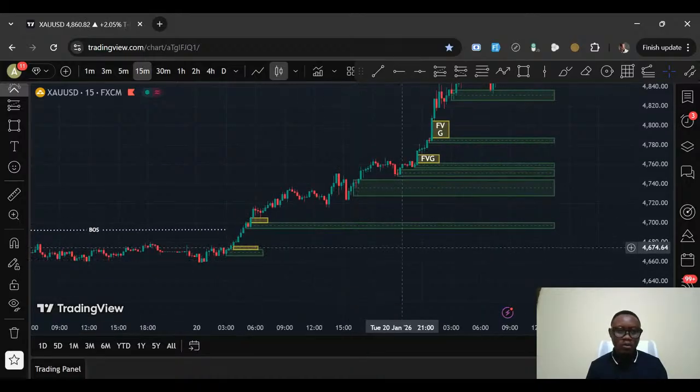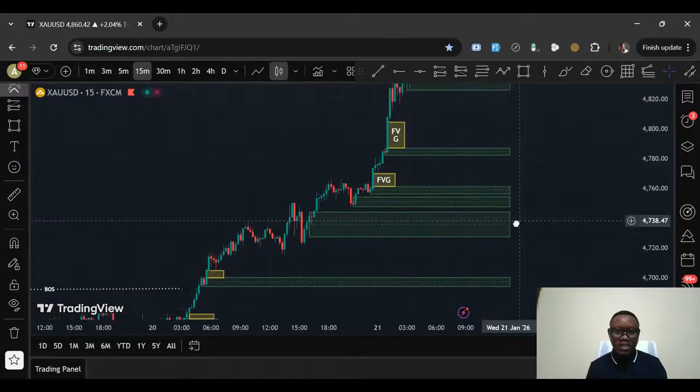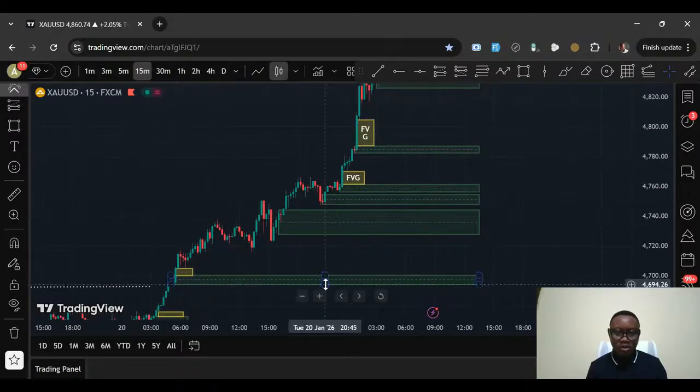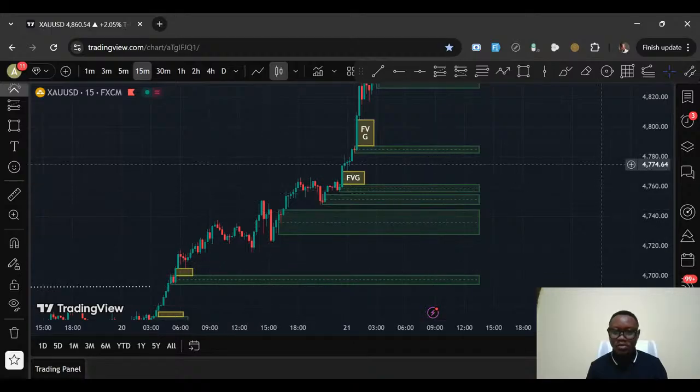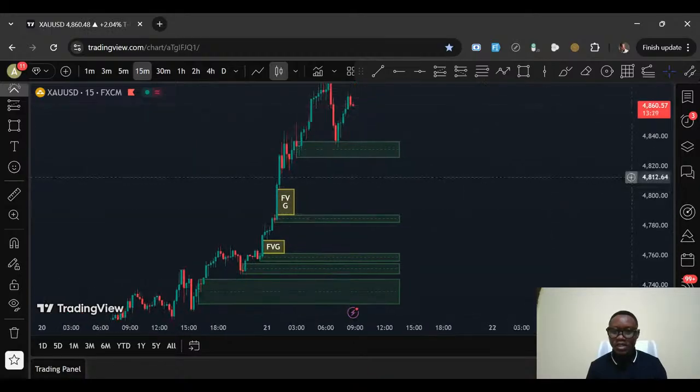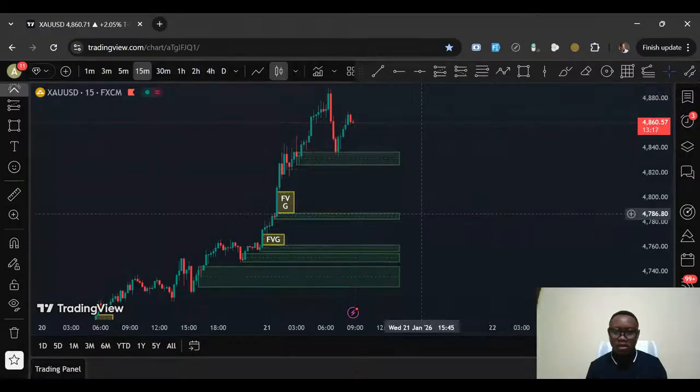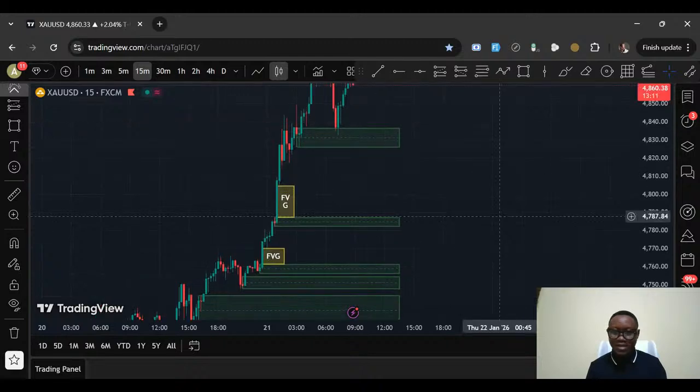Okay, so we've been able to identify the 15 minutes order block zones. This has been mitigated already, no issues. We still have this one unmitigated, this unmitigated, and all right. So we're anticipating price to get to this zone. This is the zone I'm paying closer attention to for today at least.